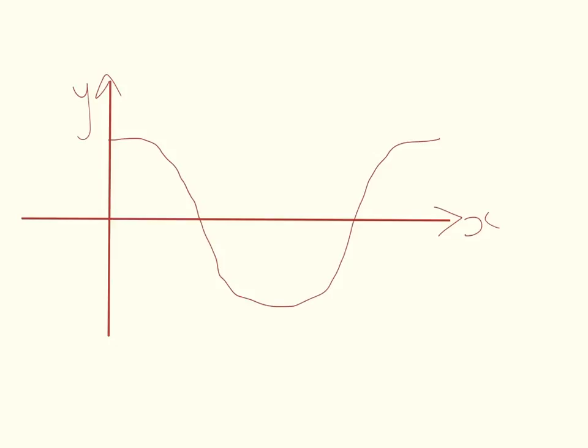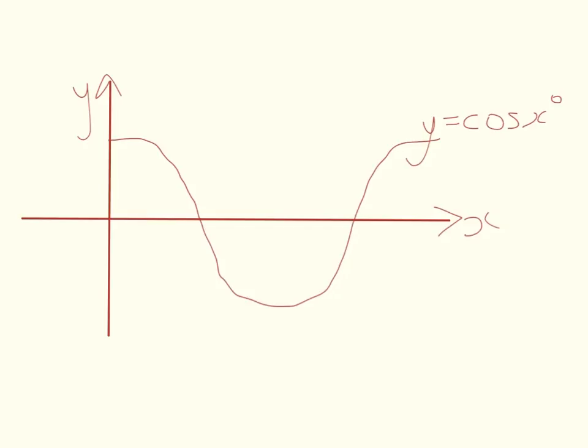First thing to note with the cosine graph, so this is y equals cos x degrees, is that it doesn't start at 0, it doesn't start at the origin. How I generally like to remember how this graph looks is I like to think about it like a big U-shaped valley.